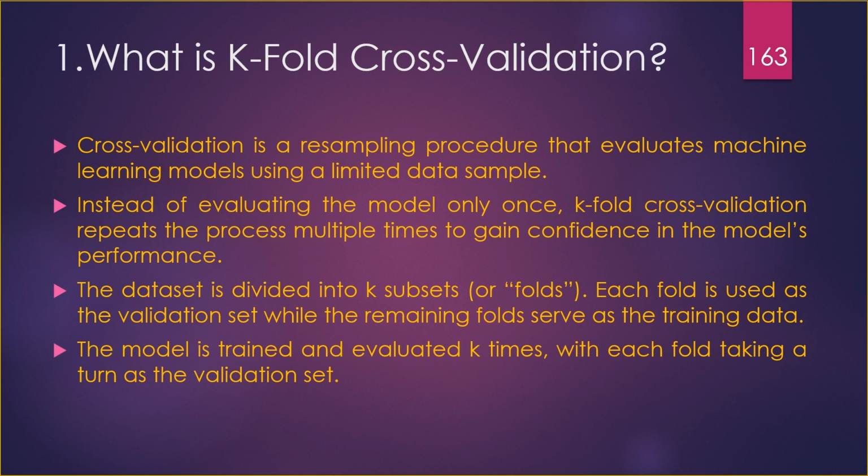Okay, now what we basically do is consider k minus 1 subsets as the training data, and the last subset, last meaning the one which is left, as the test data.